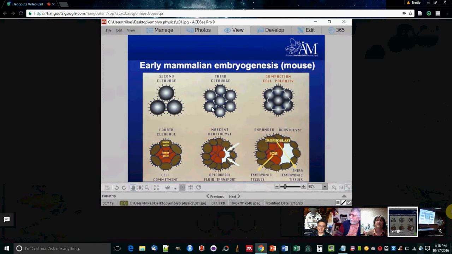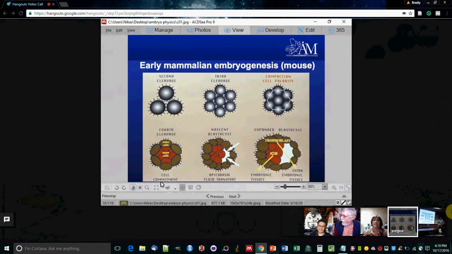After the second and third cleavage, which renders 8 cells in the mouse, a very important function happens, which is called compaction. In compaction, there is segregation of the cells into inner and outer. The embryo starts the first sign of behaving like an organism and not like separate cells.